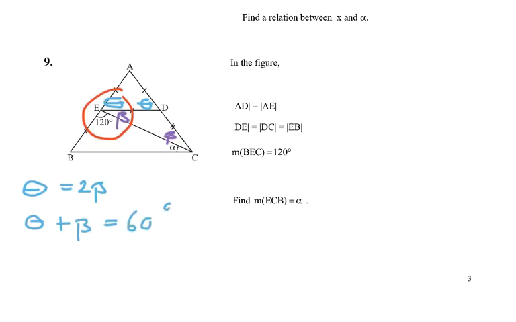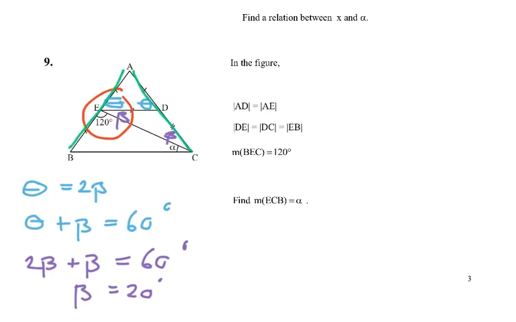And so if theta is equal to 2 beta, then 2 beta plus beta equals 60, and beta must be equal to 20. In addition to that, we know that we have an isosceles triangle.